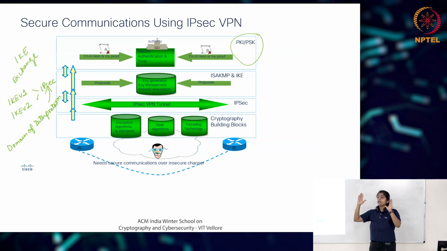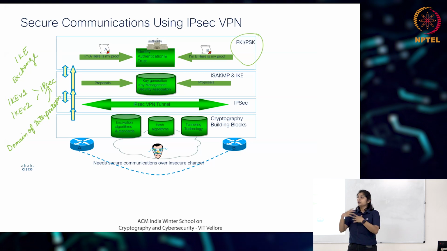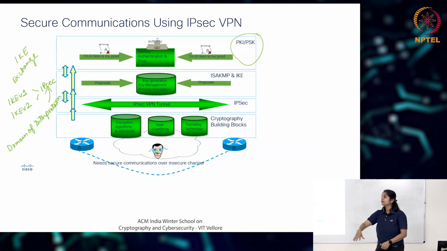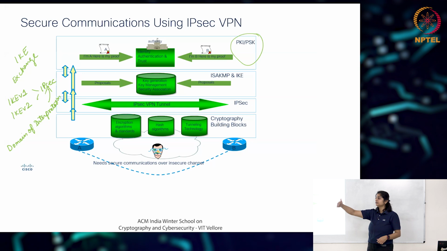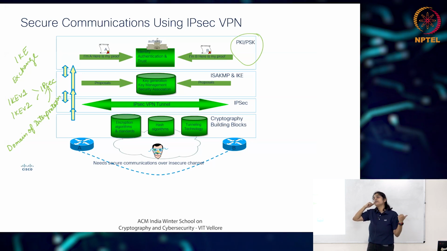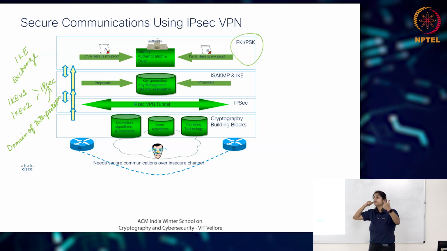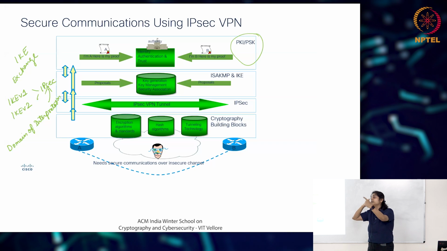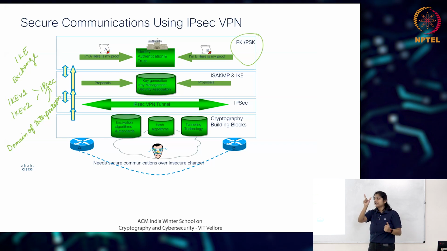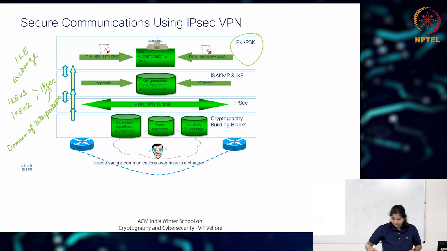But whenever you go to a configuration, and this happens in real life, if I am an admin from VIT Vellore, I will actually call up the guy in VIT Amravati and say, I want to send this secure file. Before that, this is the passcode or password that we are going to use when we establish the VPN. So that is actually a string which is called a pre-shared key.